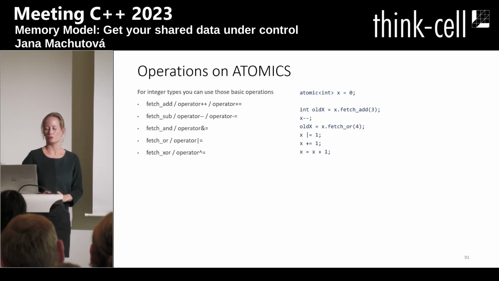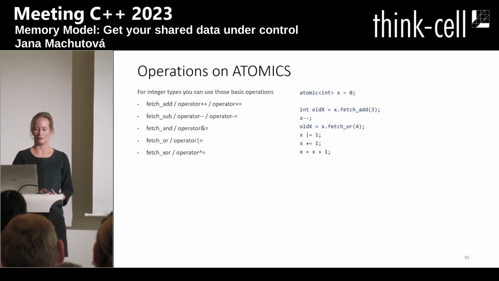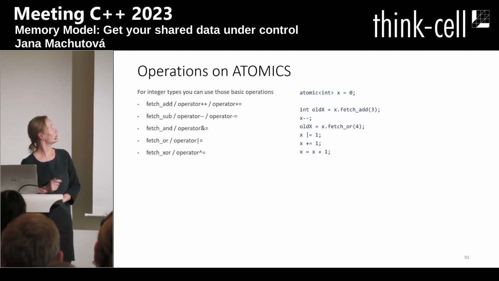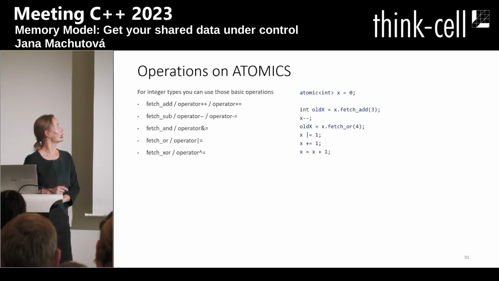So what is possible to do with atomic types? On integers, we have addition, subtraction, logical operations. We have overloaded operators, or you can write it explicitly, as you've seen in the examples.